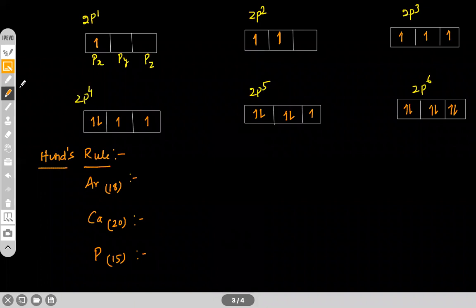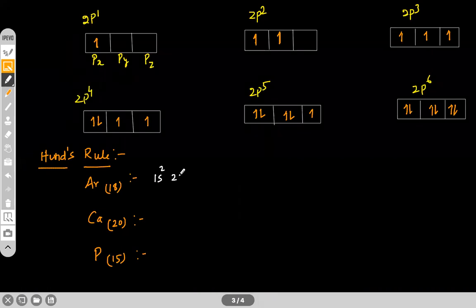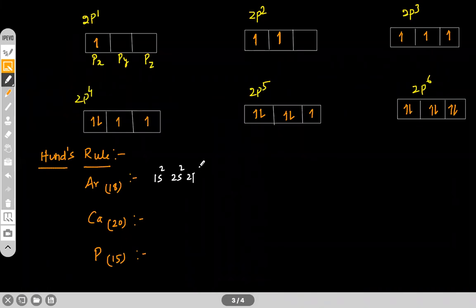Okay, so argon we can write 1s2, 2s2, 2p6, 3s2, 3p6. That is 18, inert configuration.